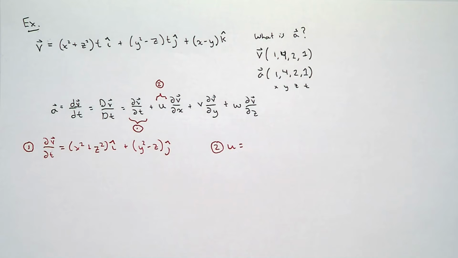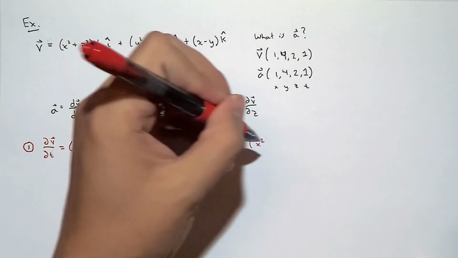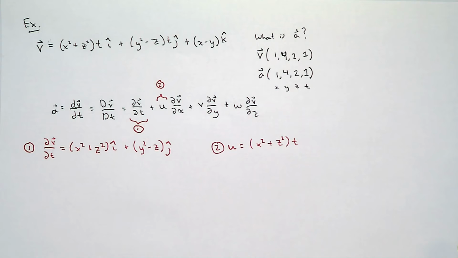Remember, we express the velocity vector as an x component, a y component, and a z component. My question is, what is the x component here? There we go. x squared plus z squared t. It's a scalar, right? We don't need the i vector. Does everybody understand why u equals x squared plus z squared t? Or does anybody need a refresher on this?